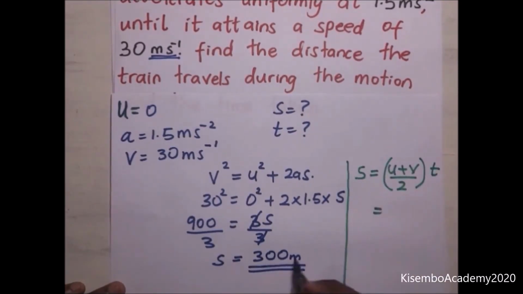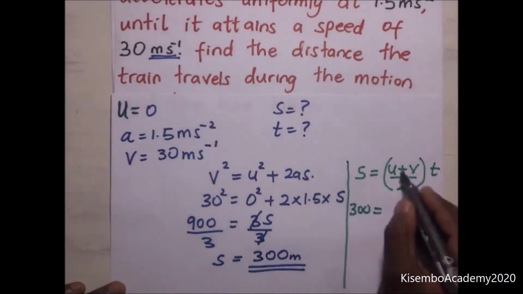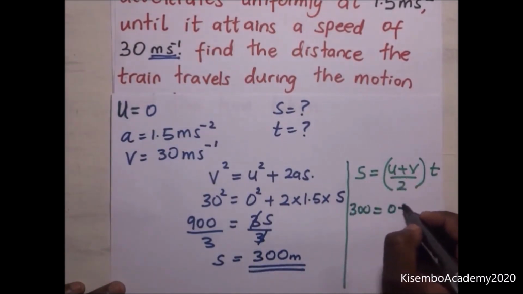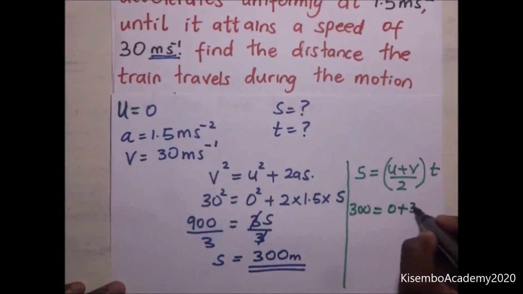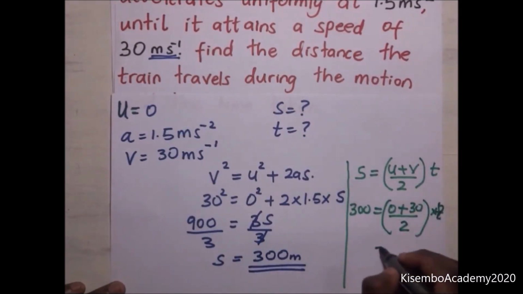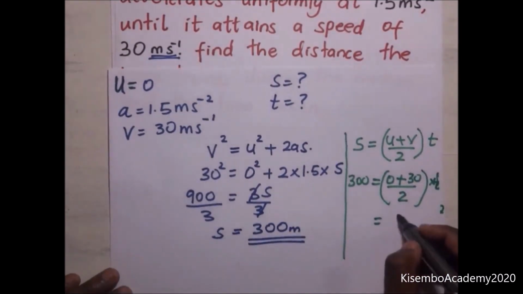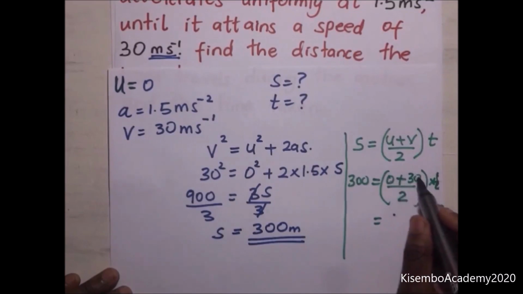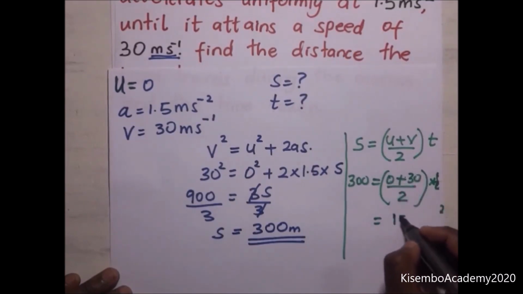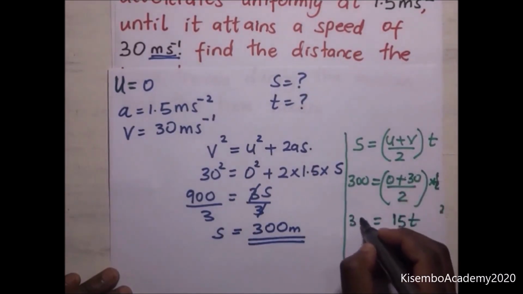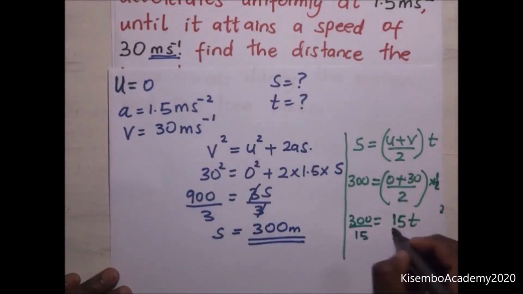We know our s is 300, so 300 is equal to initial velocity, which is 0, plus final velocity v, which is 30, divided by 2, and all this is multiplied by t. 0 plus 30 is 30, so 30 over 2 is 15. So it's 15t giving us 300. Divide that by 15.